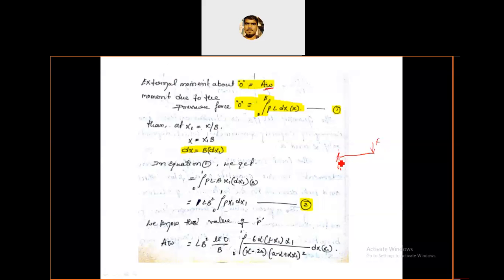I want the moment at this point, A. A means this is a length. So the moment at A is equal to F into L. The same thing I am considering here. So the external moment at O is A W, that is the moment at point A.